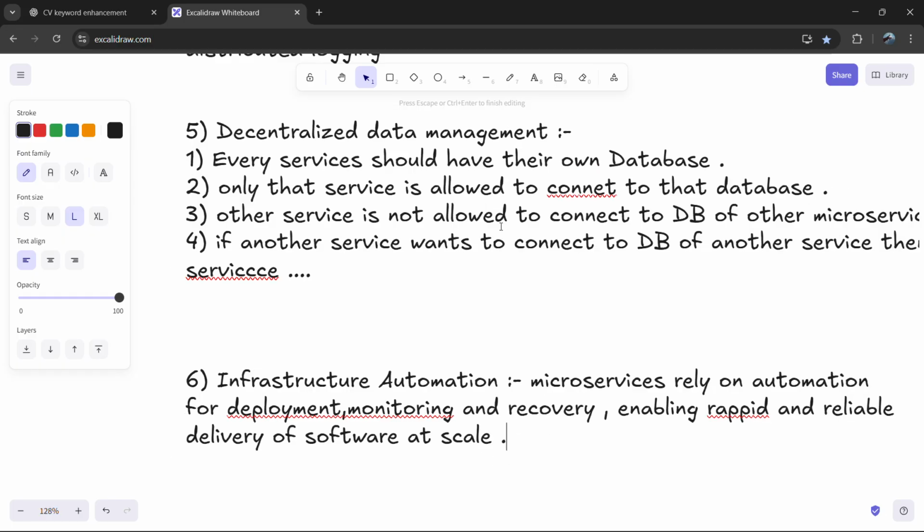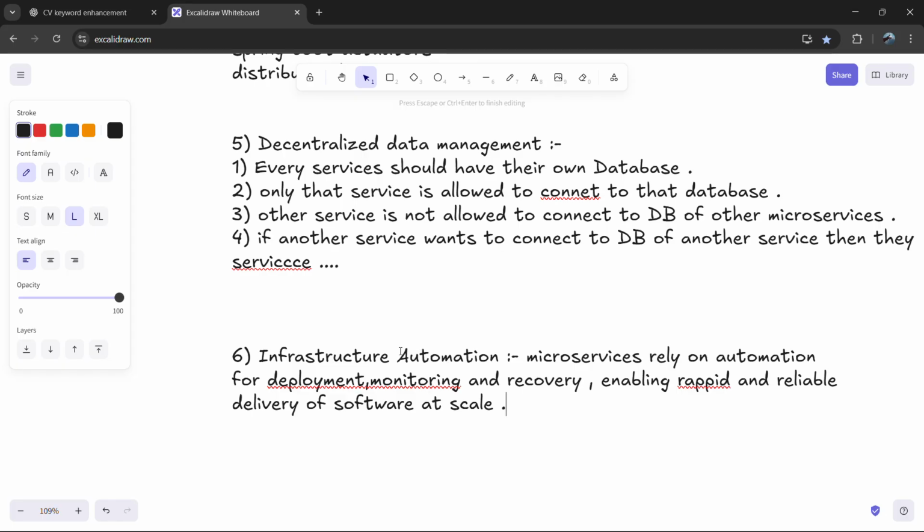In simple words, suppose your project contains 100 microservices, so it is very difficult to maintain. It is very difficult to deploy each server, monitor each server, and scale each server.